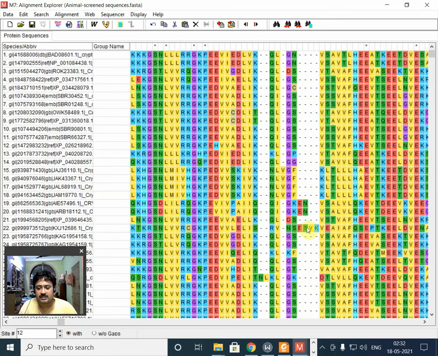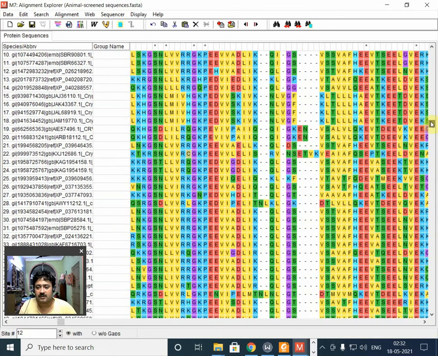So here also, as you can see, ATVK is not present anywhere else, only present here. But we are not bothered about this because this is welcome. Here this E is also present in these two sequences. So this actually does happen in nature. This much mutation, this much change does happen in nature.